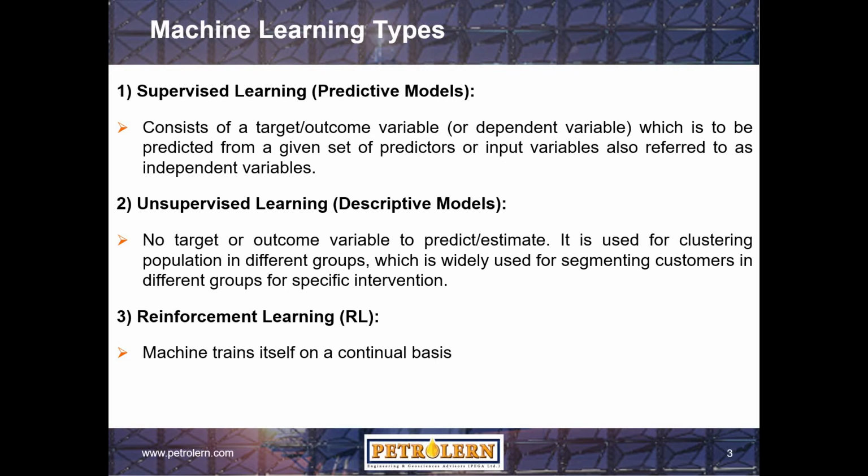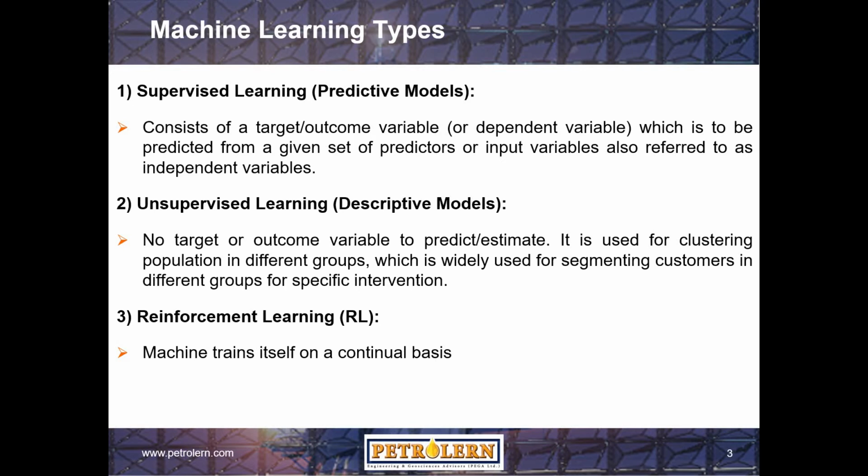You can use different clustering techniques such as k-means clustering, hierarchical clustering, density-based clustering called DBSCAN. You can use a clustering technique to cluster your data, and that is called unsupervised. So in that case, you have no target or output variable.